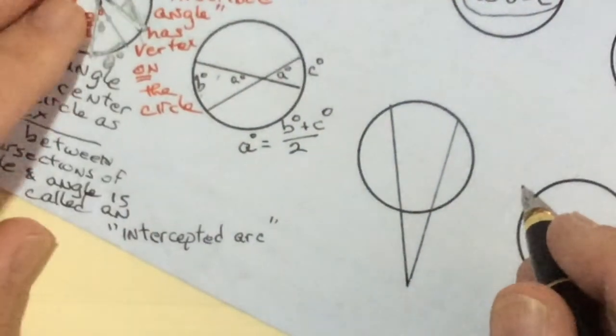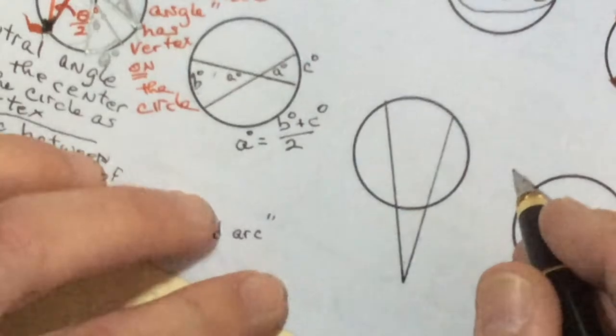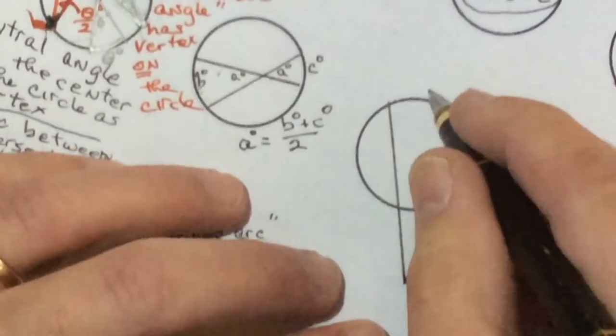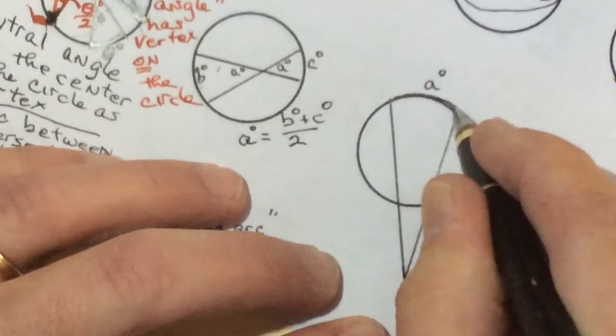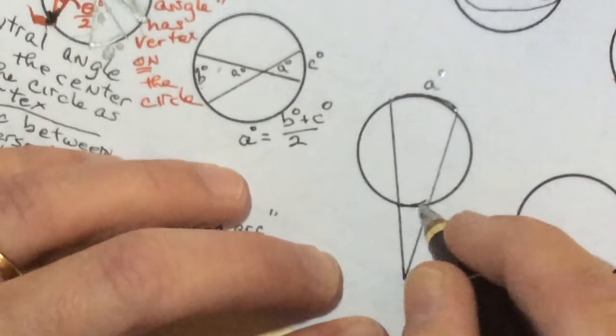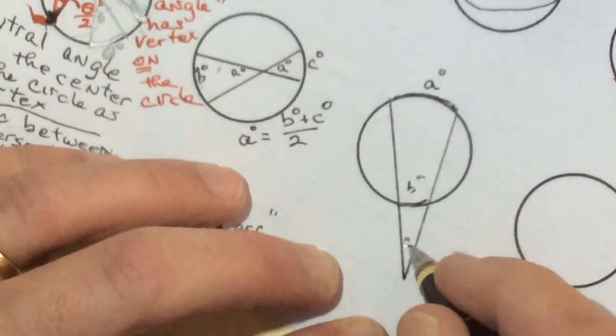Okay? And if I have two that intersect outside the circle, I've got an arc measure for this, which is pretty big, an arc measure for this, which is smaller, and an angle measure here.